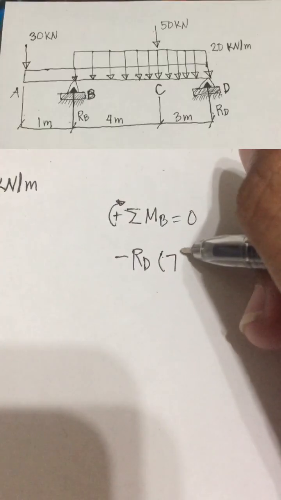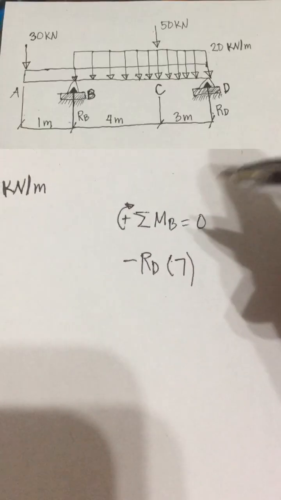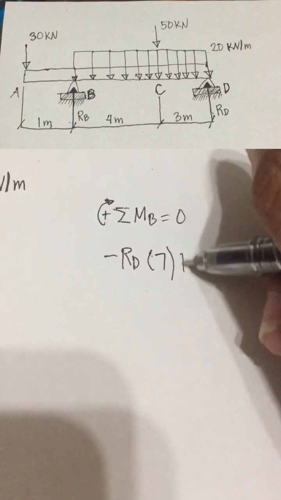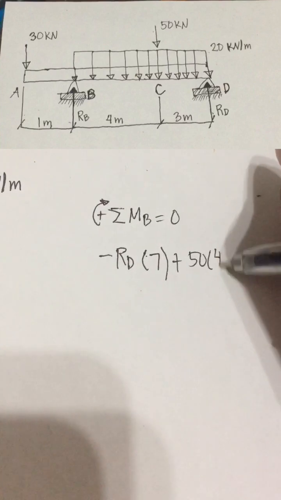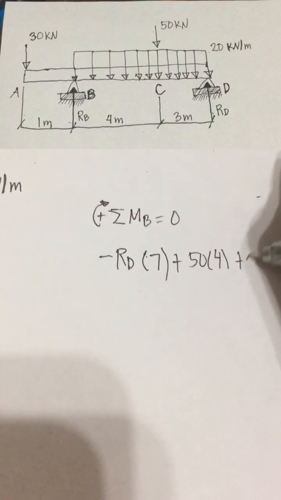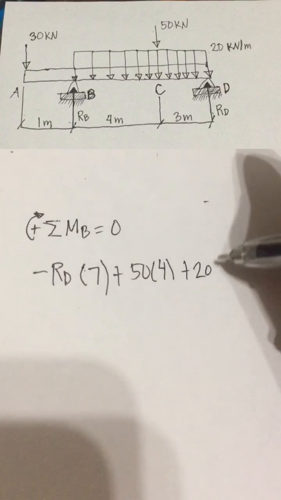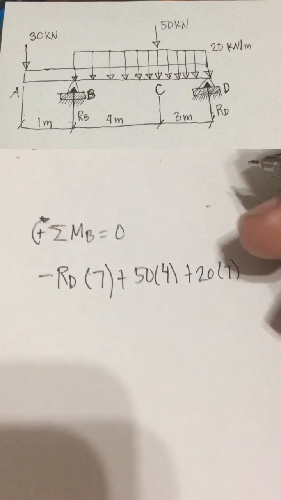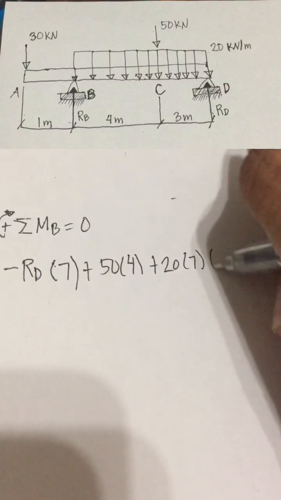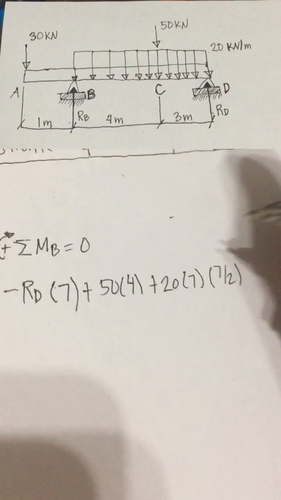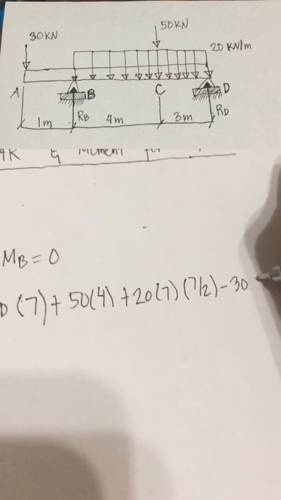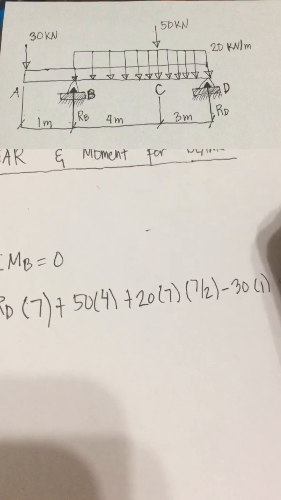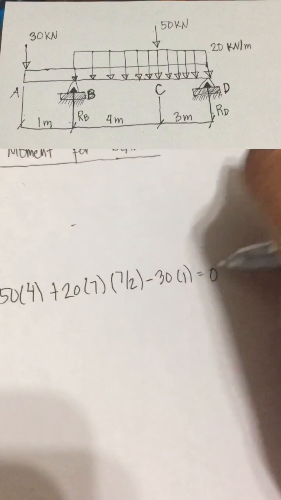So we have negative RD times 7 meters from B to D, plus 50 kilonewton times 4 meters from B to C, plus 20 kilonewton per meter, our uniform load, times 7 meters from B to D, times 7 over 2 to get the moment arm of the concentrated load, minus 30 times 1 because it is counterclockwise in direction.